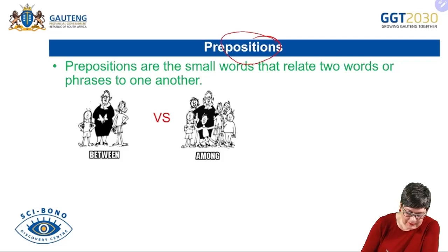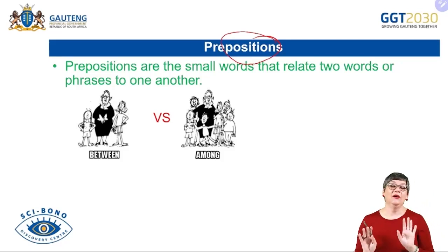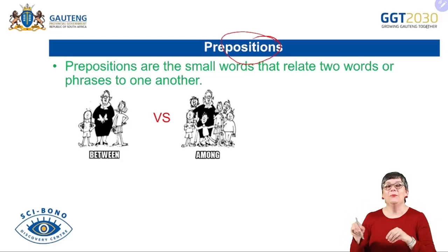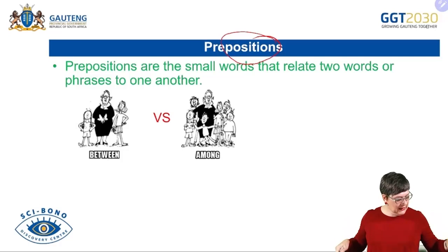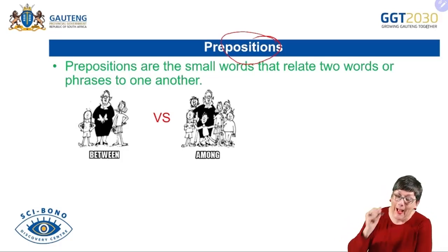Now, look at the picture. The first one says, the mom is standing between the two children. If we have two things and somebody standing in between them, then we use between.